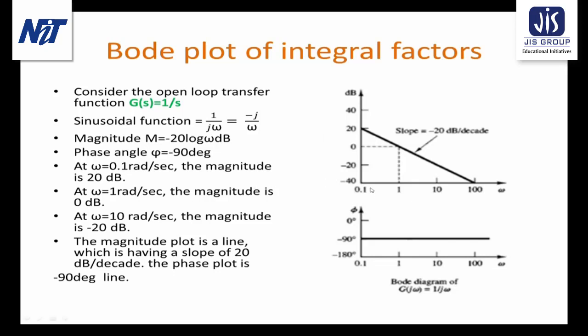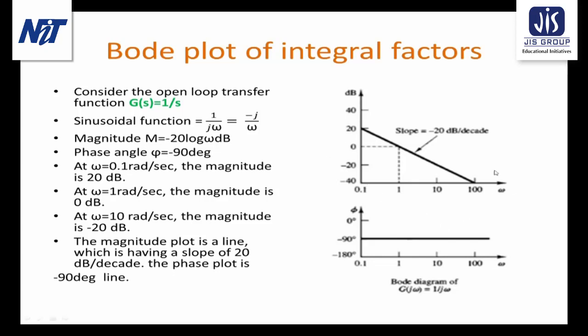That means 0.1 to 1 is a decade, 1 to 10 is a decade, 10 to 100 is a decade, 100 to 1000 will be a decade. So this is the decade concept. And for a decade frequency range, the magnitude changes from 0 dB to minus 20 dB. That means for 1 to 10, the magnitude is changing from 0 dB to minus 20 dB. So we can say the slope of this straight line is minus 20 dB per decade.